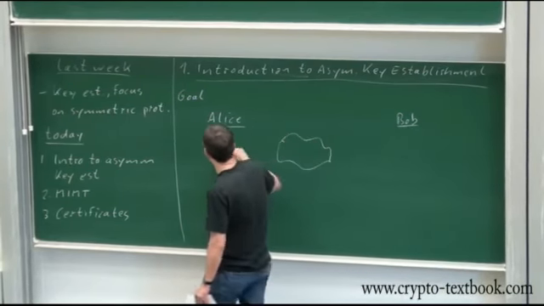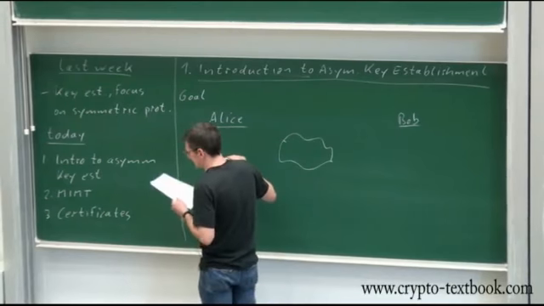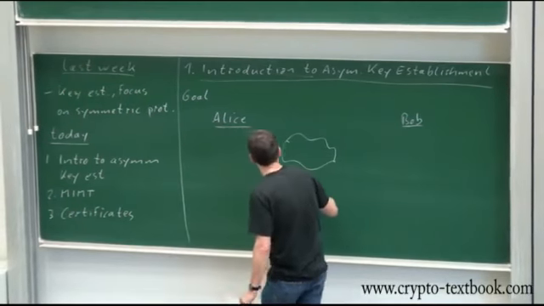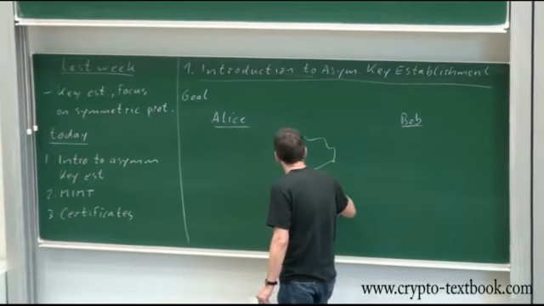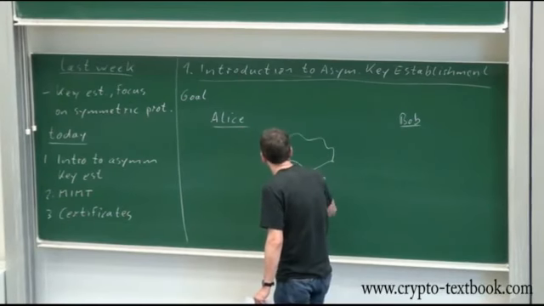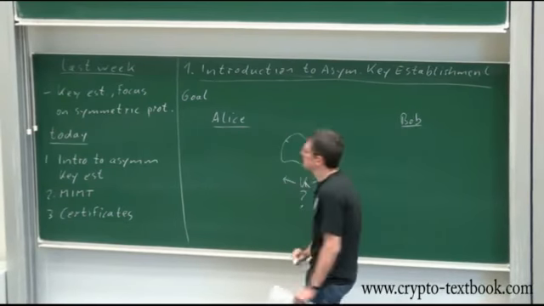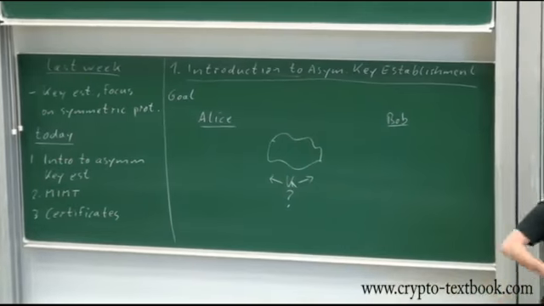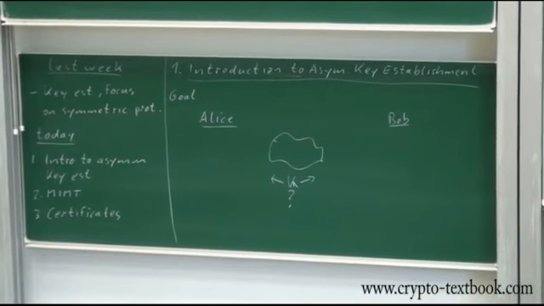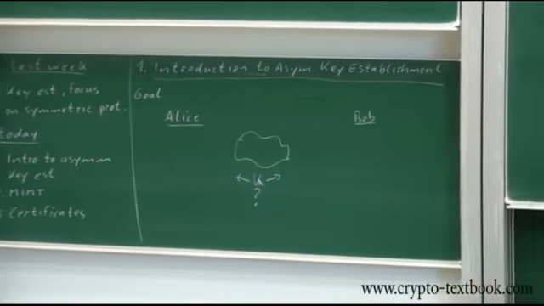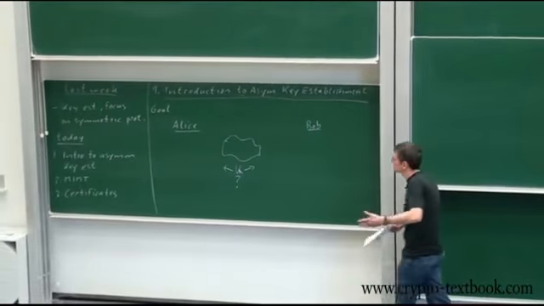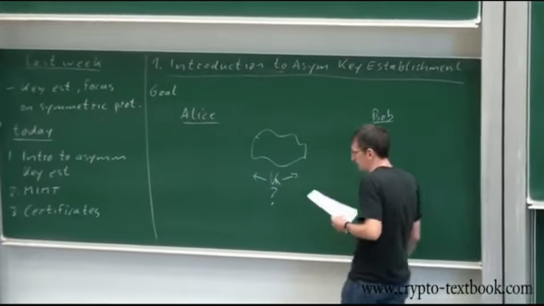We have the unsecured channel. There's a key which somehow has to be distributed over an unsecured channel without a secure channel, so we cannot hand deliver that. So what do we do?